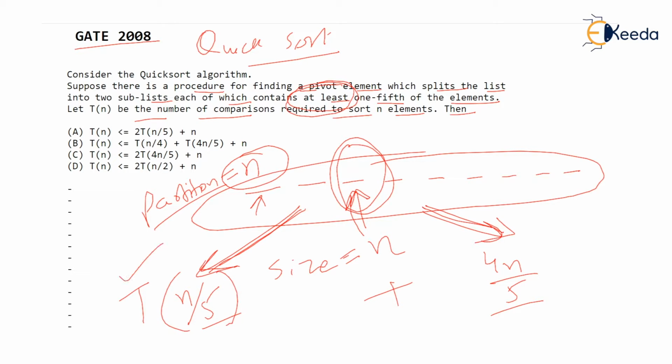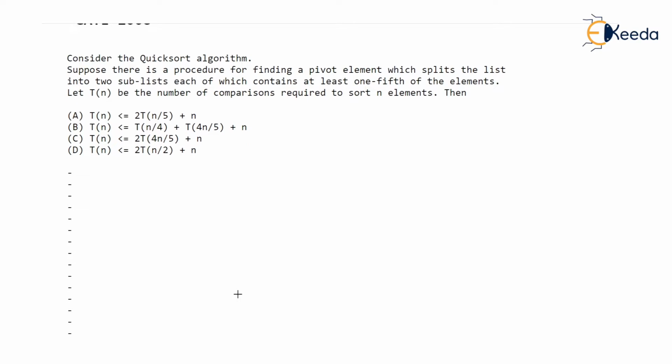That's the time taken to sort n by 5 elements, T of n by 5, and we will also sort these 4n by 5 elements, which is represented by T of 4n by 5. So the total time is n, the time taken to partition, plus T of n by 5 plus T of 4n by 5. So B is the correct answer. No more discussion needed, isn't it? It was so simple. Now let's see the next question.